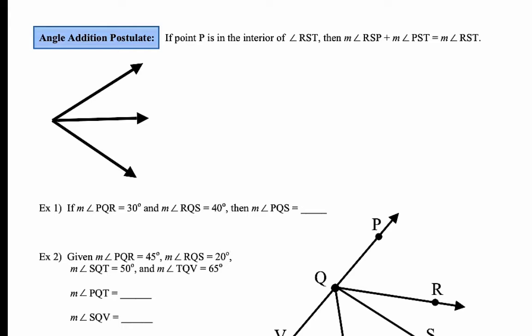Much like once we learned what a line segment was, we could add up pieces of them with the segment addition postulate. The angle addition postulate says the exact same thing, only with angles.